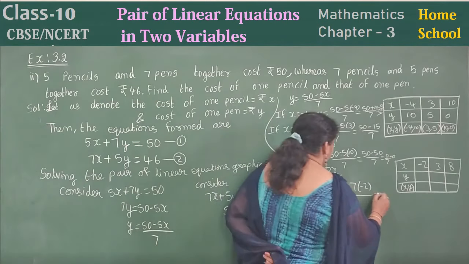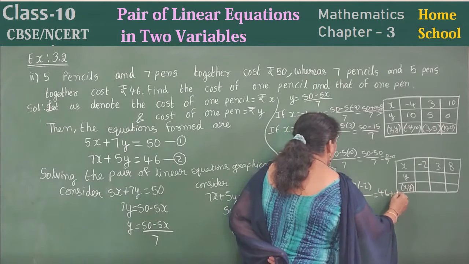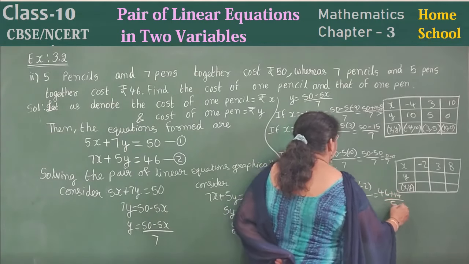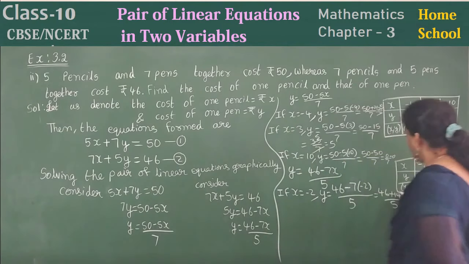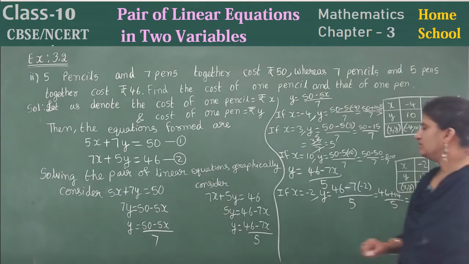That will be 46 minus into minus plus, 7 2s are 14. 46 plus 14 will be how much, children? 60. 60 by 5, that will be 5 1s are 5, 5 2s are 10, so if it is minus 2, it will be 12. Your coordinate is (minus 2, 12).